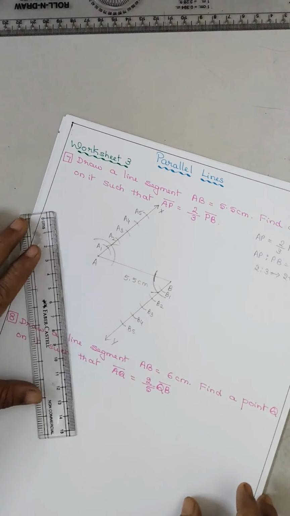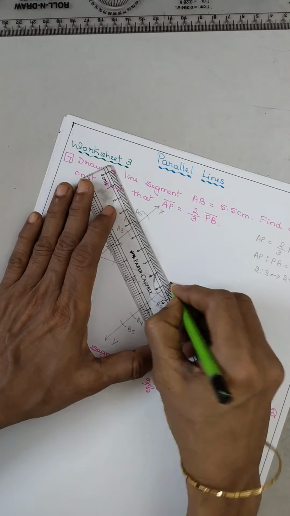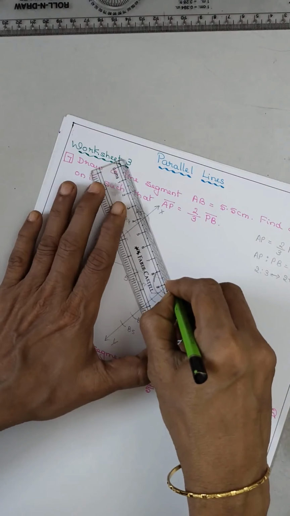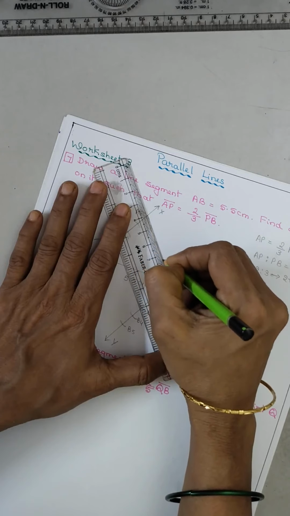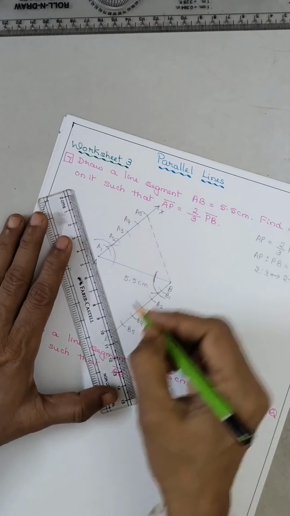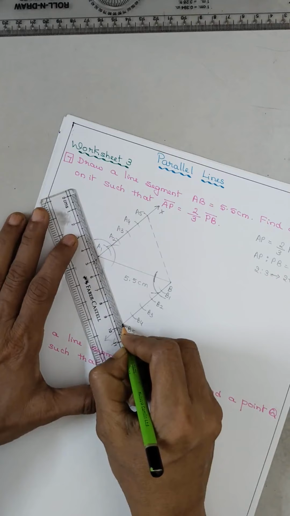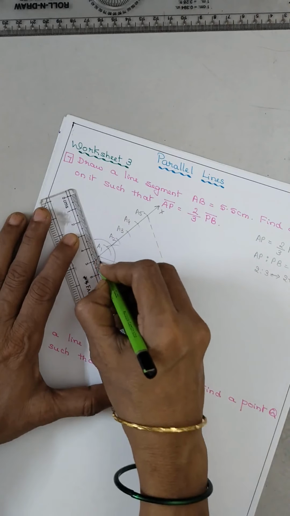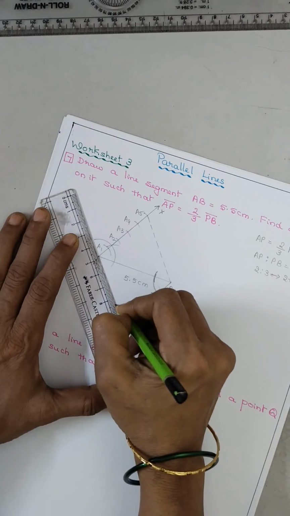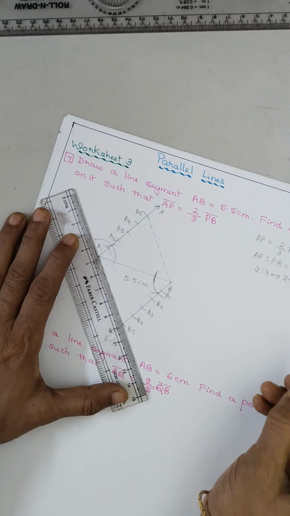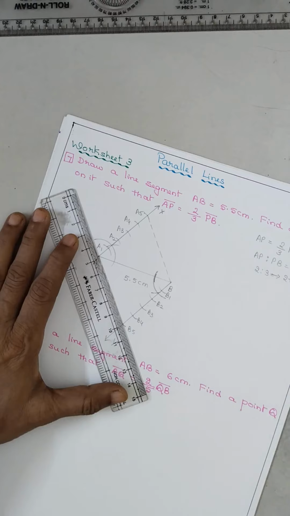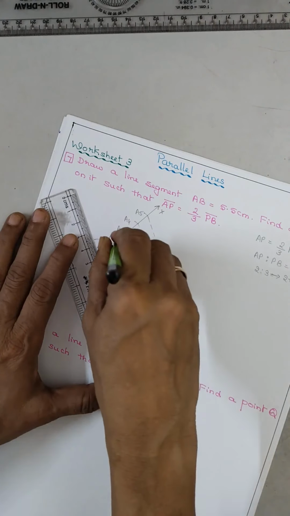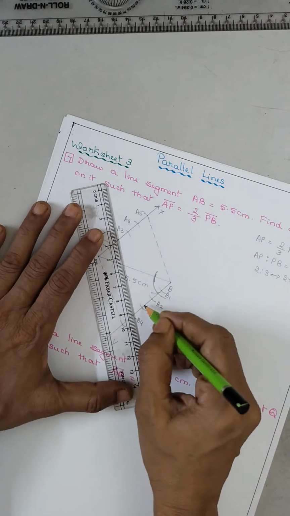Now the extreme ones with dotted lines: B with A5, and B5 with A. Now 2:3, so A2 and B3.